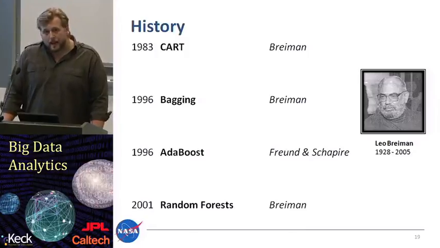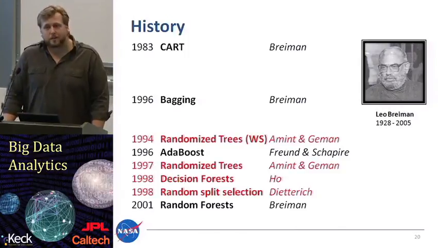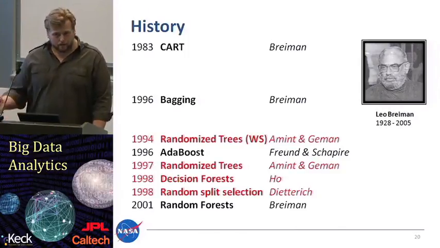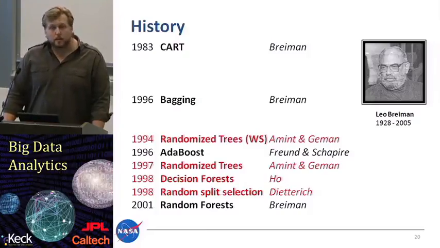Naturally in science, nothing actually stands alone. If we look at the history in between, there were several papers which proposed similar approaches. One of the most important contributions were the randomized trees from Amit and Geman, which nearly completely explain random forests years before Leo Breiman published his paper.